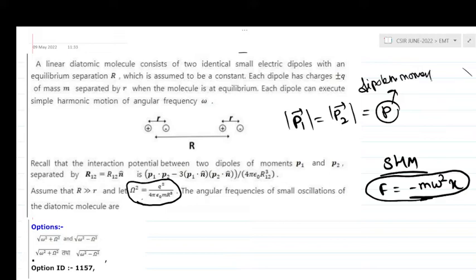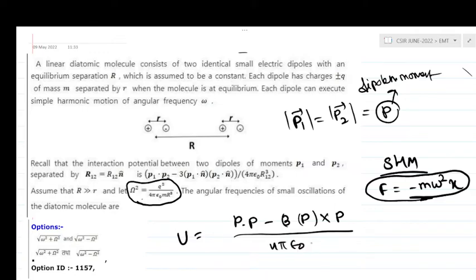Dipole moment same. So here energy is P into P minus 3 P. P1 dot n cap is P, whole into P2 dot n cap is also P, divided by 4 pi epsilon naught R12 cube.